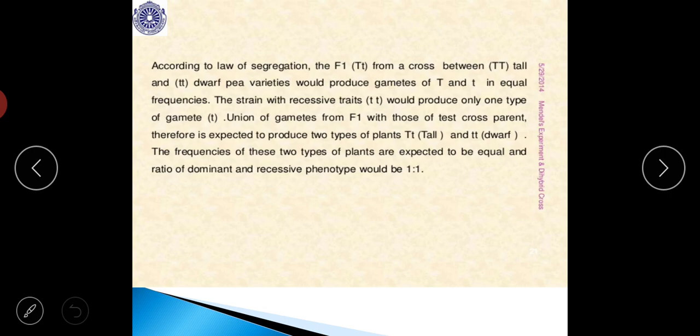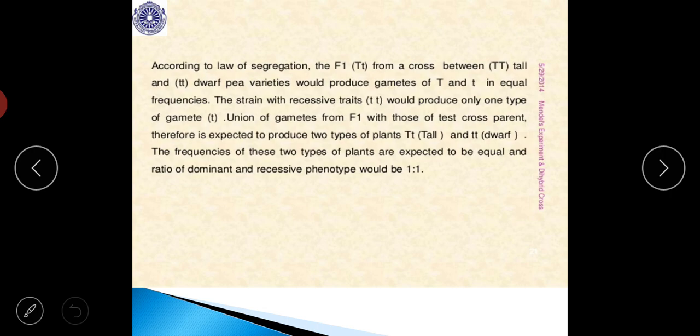According to the law of segregation, the F1, that is capital T small t, that is heterozygous, from a cross between a tall and dwarf pea plant variety, would produce gametes of capital T and small t in equal frequencies. The strain with recessive trait, that is small t, would produce only one type of gamete, that is small t.